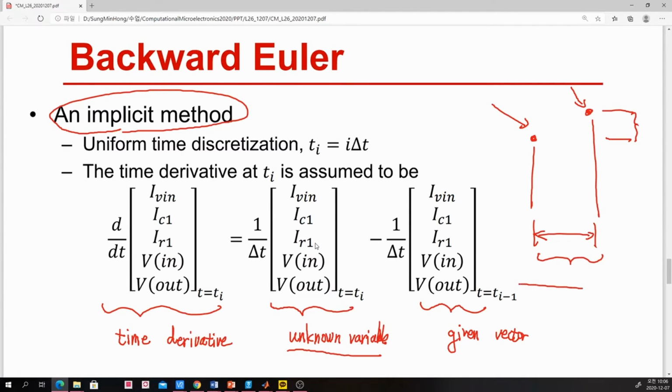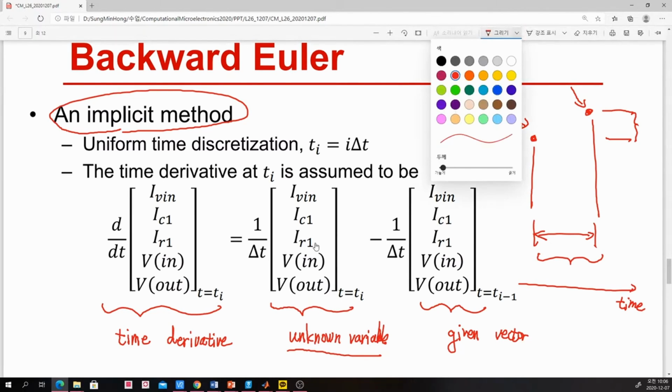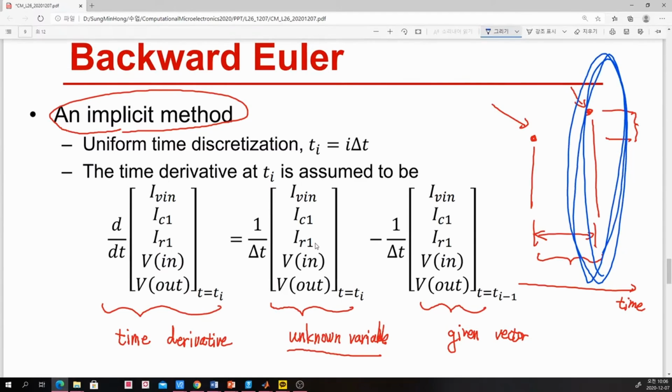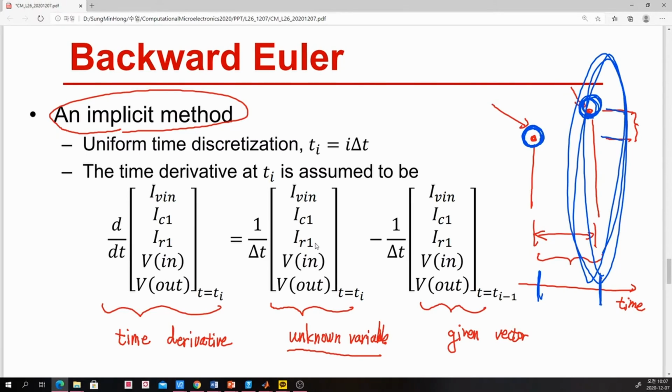So if this is the axis of time progress, then currently we are talking about our present time. In order to calculate the time derivative, we have to take the past value of our unknown variable and the present value of our unknown variable, take the difference, and divide it by the time difference.